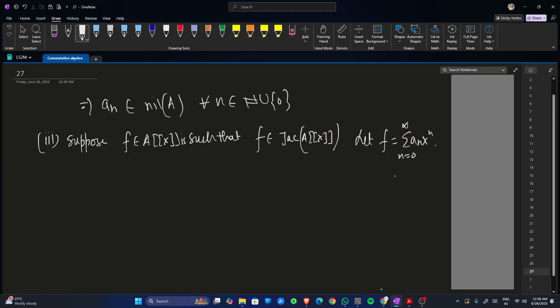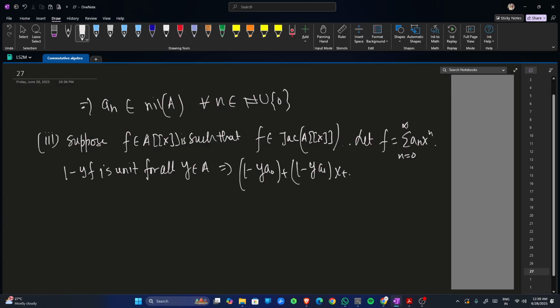Since F is in the Jacobson radical, 1 minus yF is a unit for all y belongs to A. What does that imply? 1 minus y(a0 plus a1 x plus ...) is a unit.